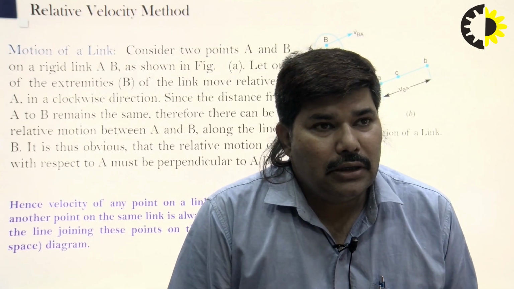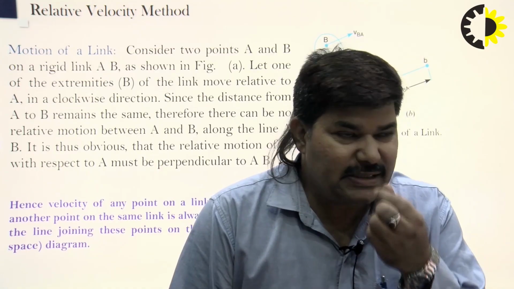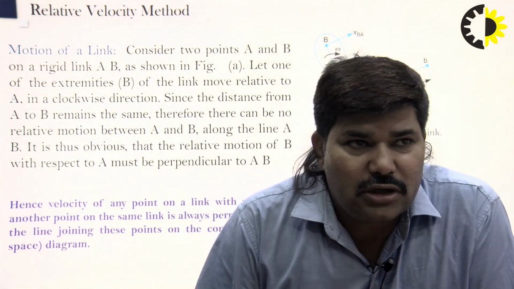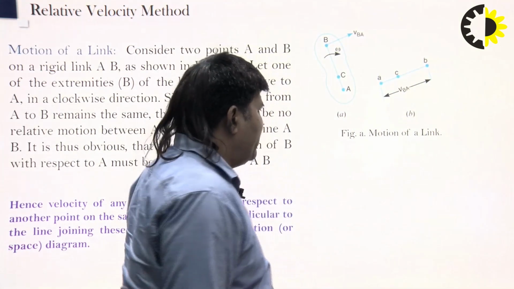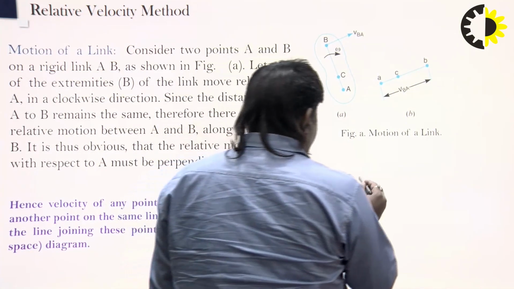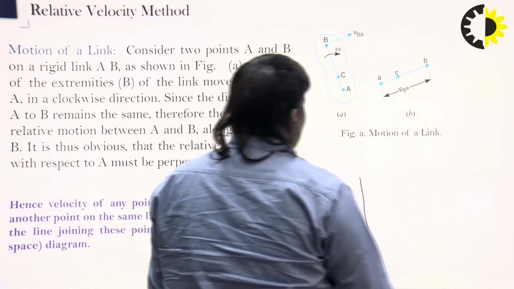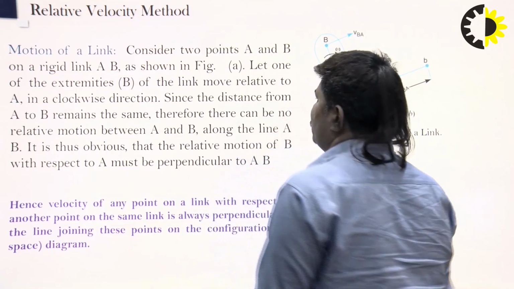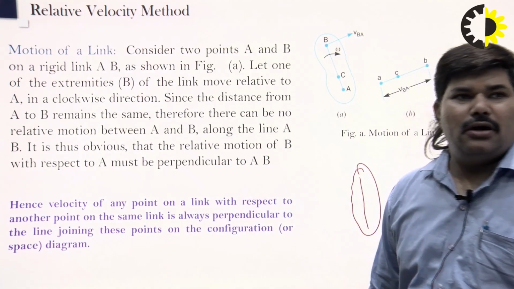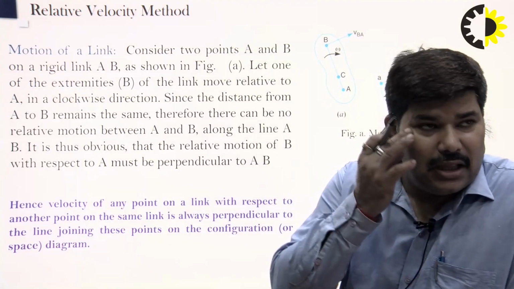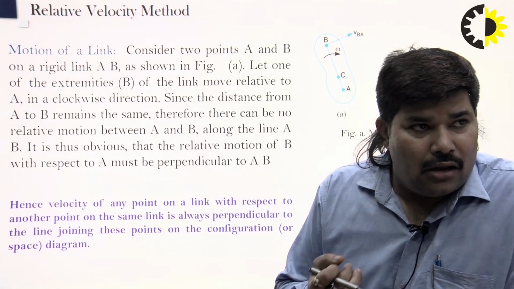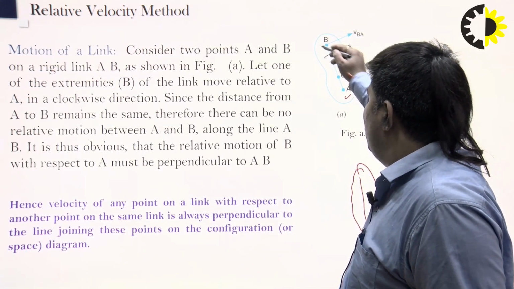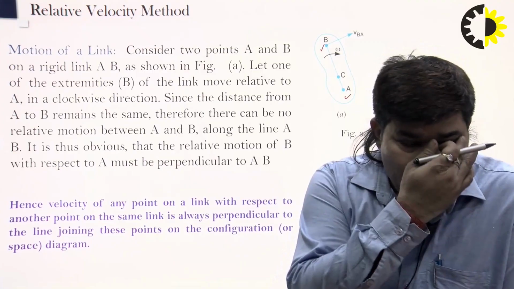In the relative velocity method, consider the motion of a link with two points A and B. This is a body, and in this body there is one rigid link with points A and B given.